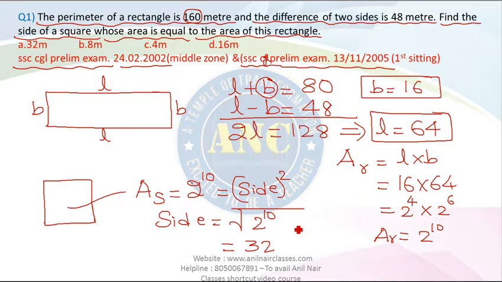That means the side of the square is 32 meters, which is option A. Very, very easy question to solve. Two times it had come in the original SSC CGL prelims examination, and I definitely believe that you can solve these kinds of questions very easily, sir.